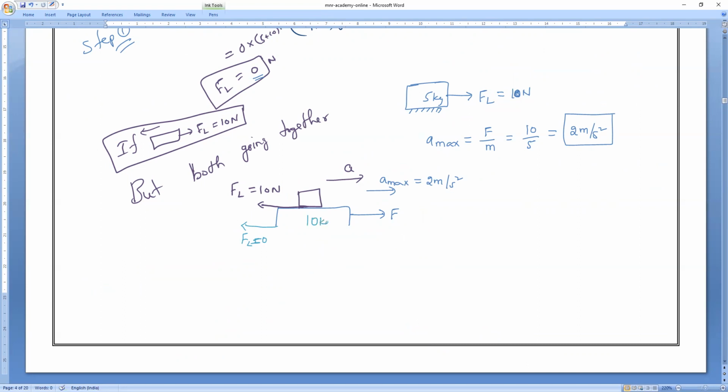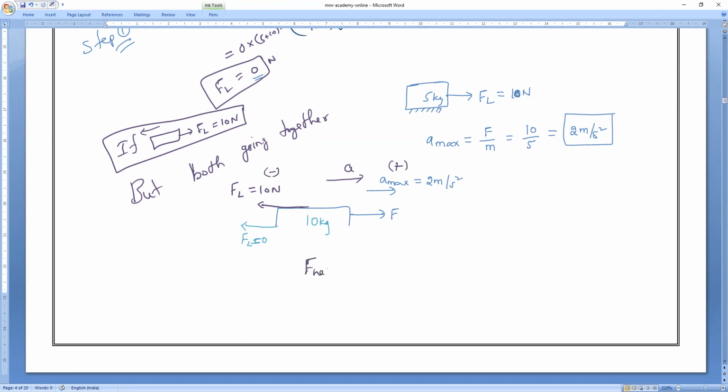So this mass is 10 kg, and both are moving together. F limiting is acting in the backward direction here. Acceleration in this direction is positive and F limiting is negative.